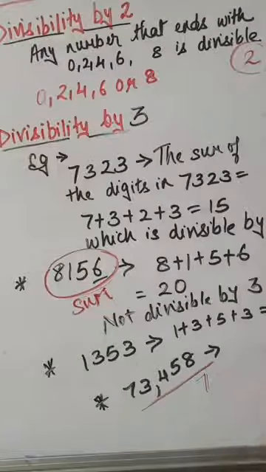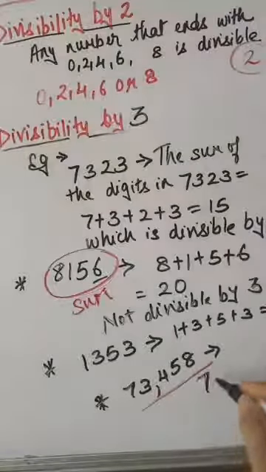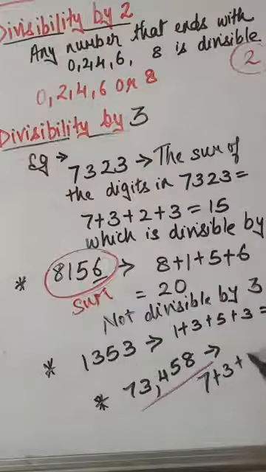Do the addition. 7 plus 3 plus 4 plus 5. You are going to do the sum of this given number.